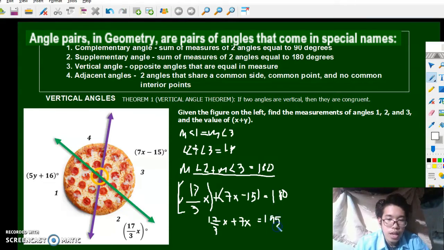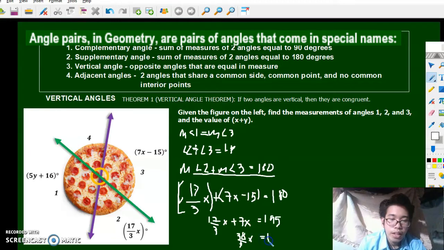Then you can simply add 17 over 3 plus 7. What's 17 over 3 plus 7? 17 over 3x plus 7x is simply 38 over 3x. So 38 over 3x is equal to 195.